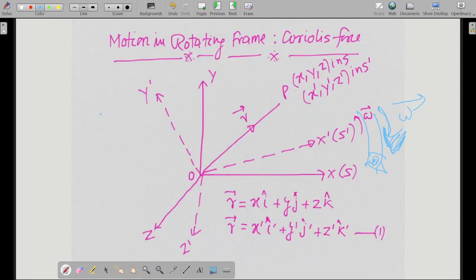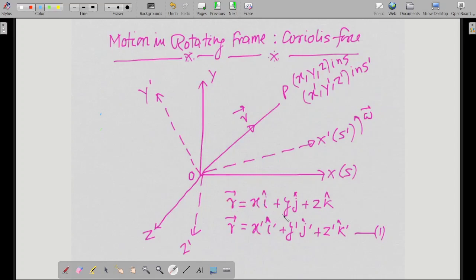So your nails like this, and your fingers like this. Then your thumb will go inside the plane of the laptop. Such is the situation for the clockwise direction. So by the right hand thumb rule, you can certainly find out the direction of this omega vector.